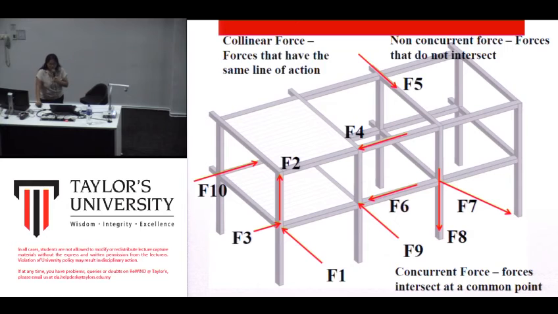What is concurrent force? Concurrent force refers to forces that intersect at a common point. Meaning to say they are going to intersect at one point. Very simple. So which one? F3 and which?